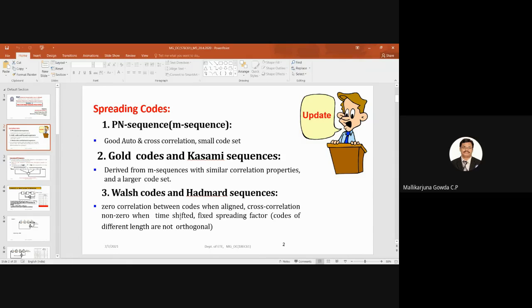The third is the Walsh codes and Hadamard sequences, which have zero correlation between the codes when they are aligned and non-zero cross correlation when they are time shifted. These codes have a fixed spreading factor. What I mean to say is codes of different lengths are not orthogonal. So let us try to understand how we generate this pseudonoise sequence and what its properties are.